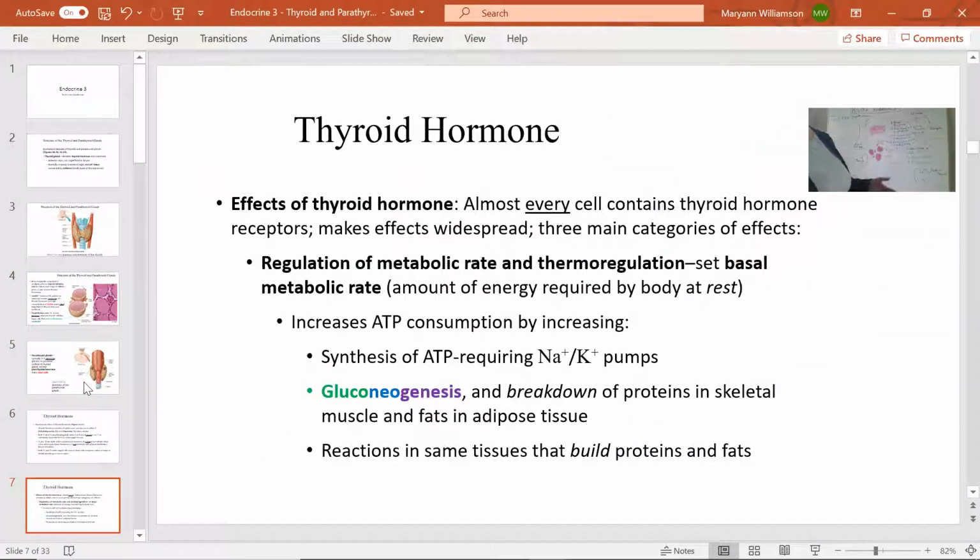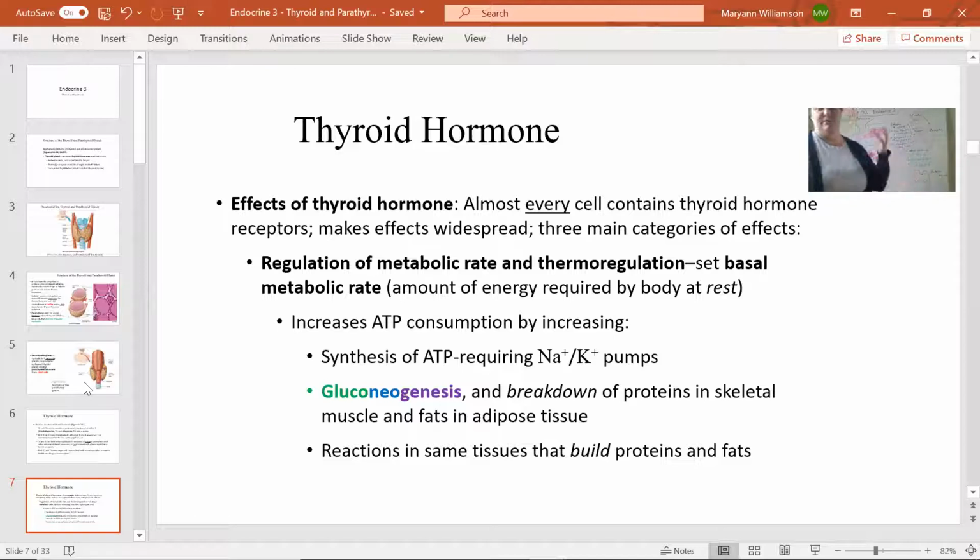So what is thyroid hormone going to do? We discussed this a bit. You're going to increase, I really like this, the sodium potassium pumps, right? We talked a lot about those. You're going to increase gluconeogenesis. Let's take that word apart: glucose, new, genesis, making glucose from something new.